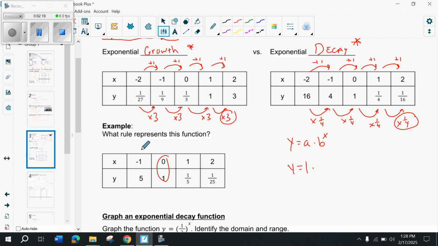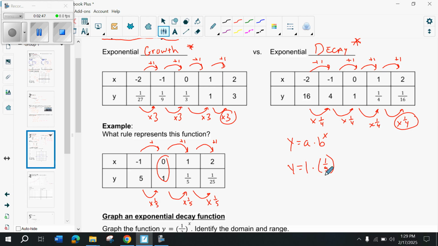But now if I go from here to here, yes, I'm increasing by 1. Going from here to here, yes, I'm increasing by 1. But I can see that I'm multiplying by 1/5. Going from here to here, multiplying by 1/5. Going from here to here, I'm multiplying by 1/5. So now my value for b is actually going to be 1/5.